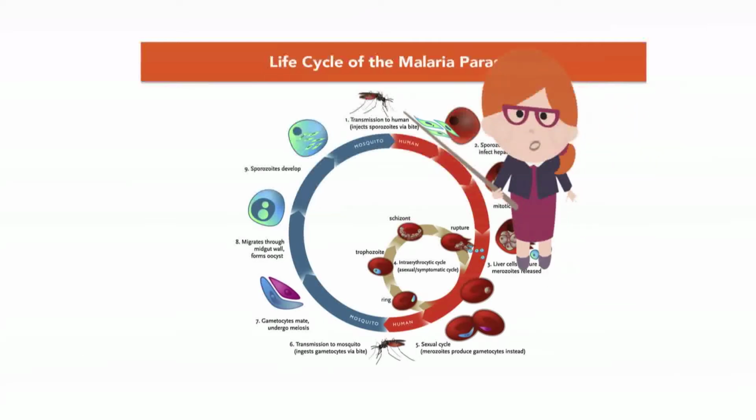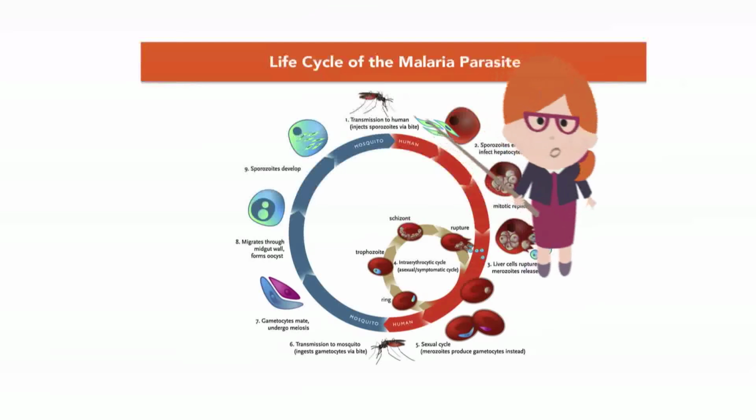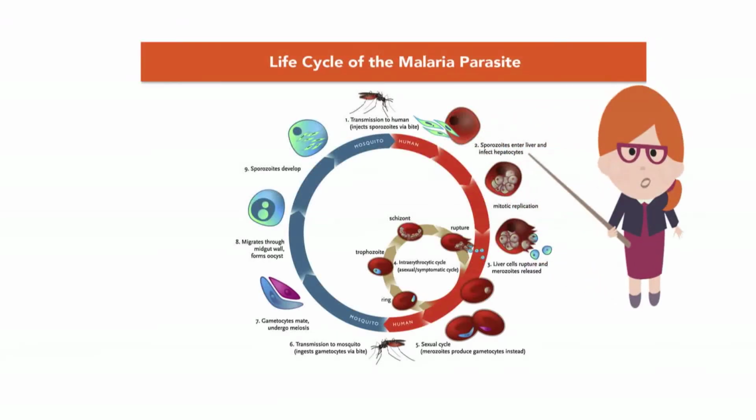When the mosquito, also known as a vector, bites a human, Plasmodium sporozoites are injected into the bloodstream. Number 2, the sporozoites travel through the blood to the liver and infect the liver cells.